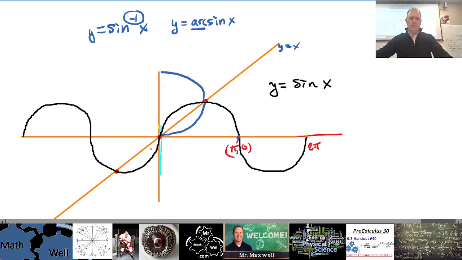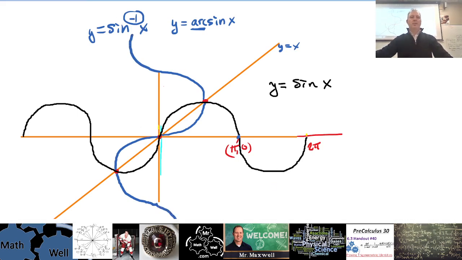Oh wow, I hit the erase button there. Okay, so if the black graph is the original sine graph, if I just sketch the inverse for a section, obviously this would keep going, wouldn't it? Like this, and like this.